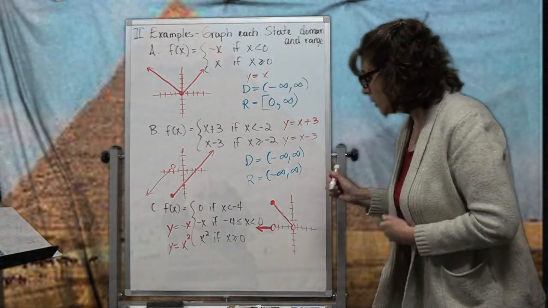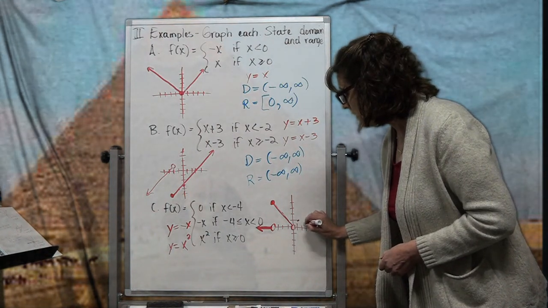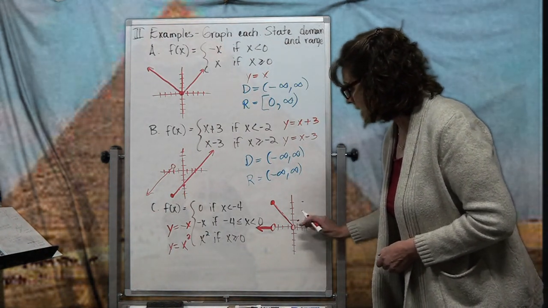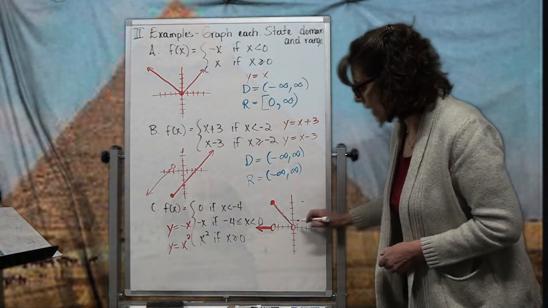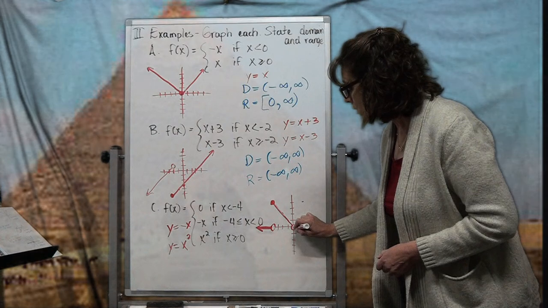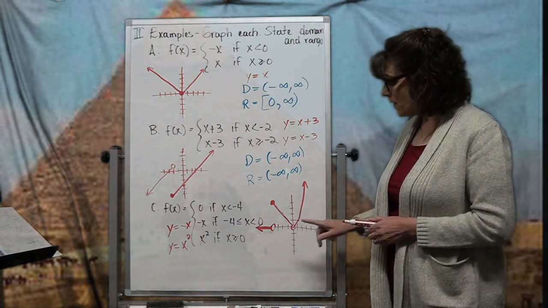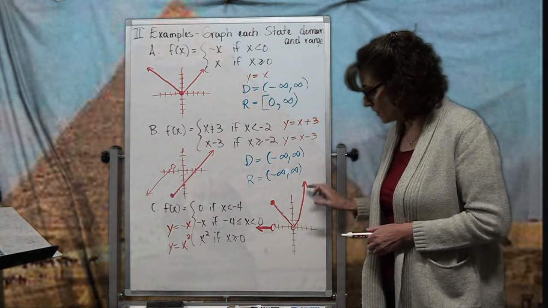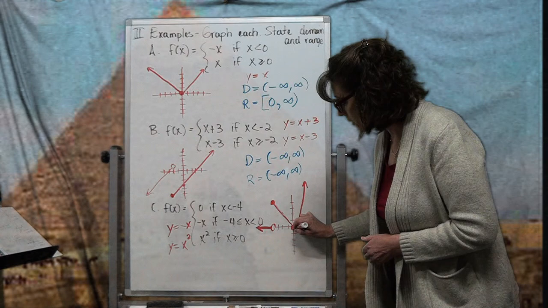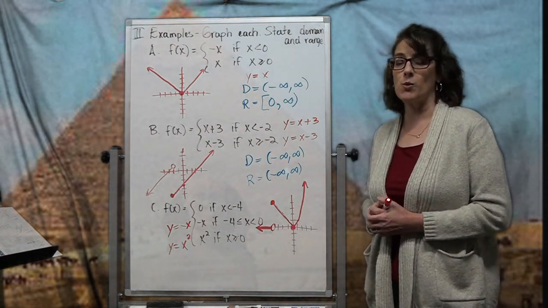So my parabola will start here at 0, 0, and then it'll go up to 1, 1, 2, 4, up like this. It should go back here, but remember it's only for this portion of the graph, from here up. So therefore it's going to go like this. And I've got to figure out what to do about this 0 right here where they touch. It is included in this portion of the graph, so it is in fact going to be a closed circle on that one. And there's what my graph looks like for that particular piecewise.